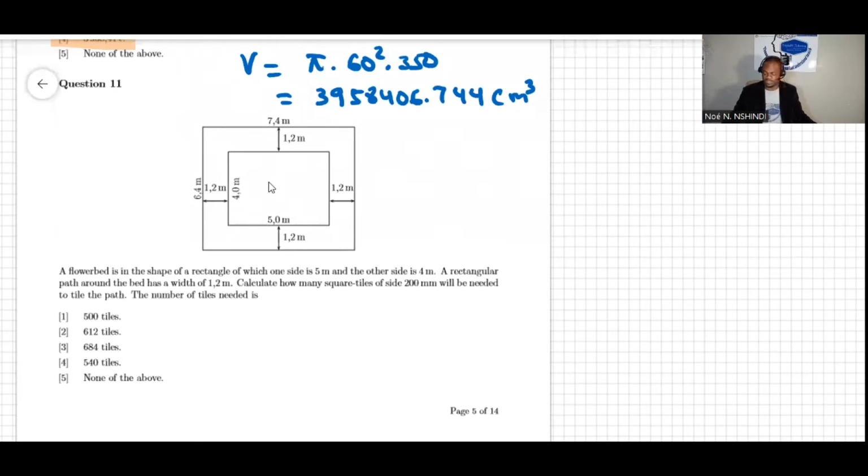So for the tiles, they said calculate how many square tiles of size 200 millimeters will be needed to tile the path.